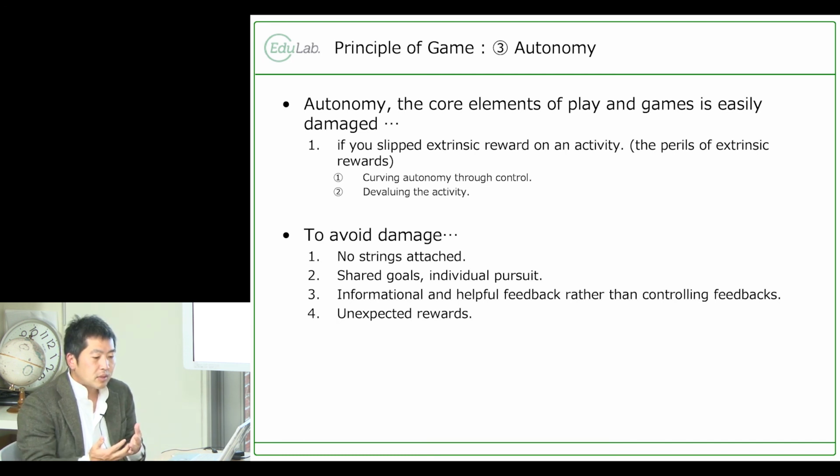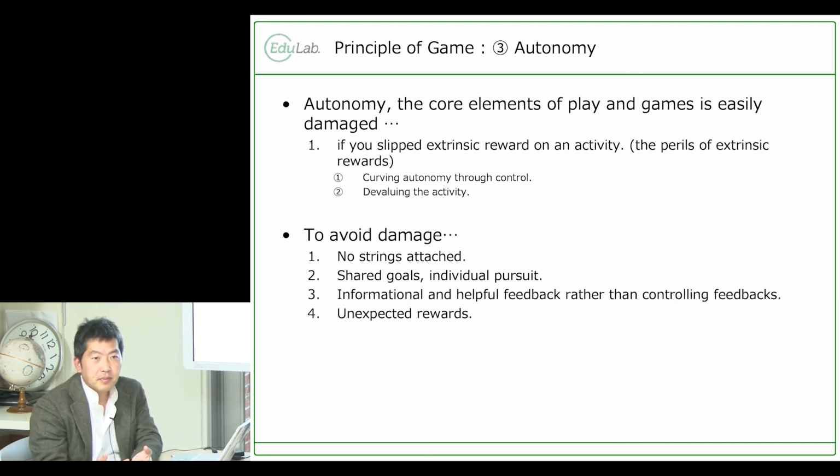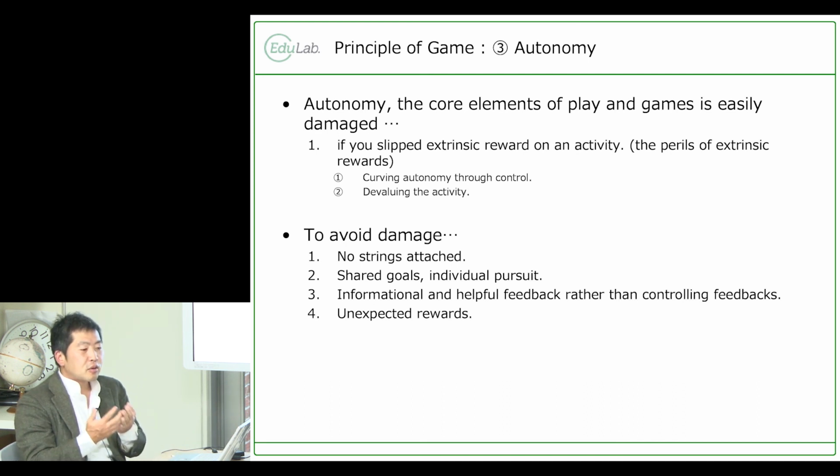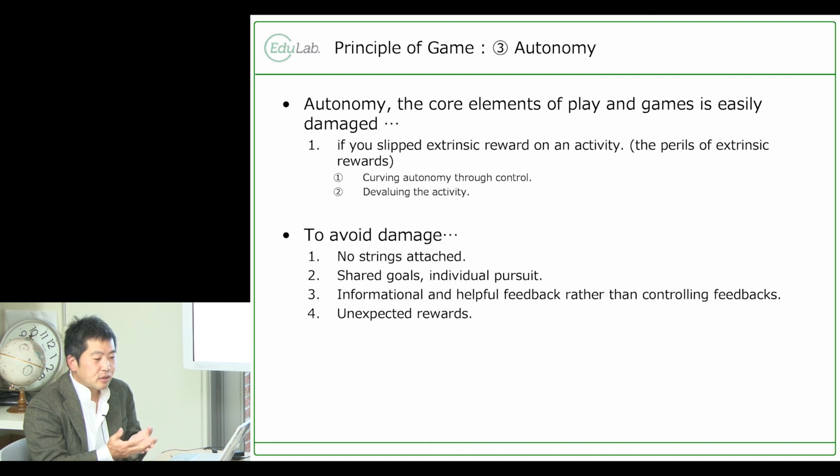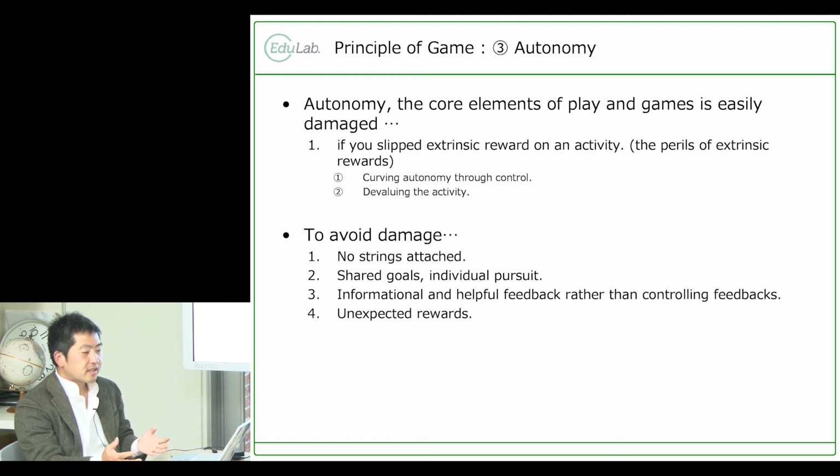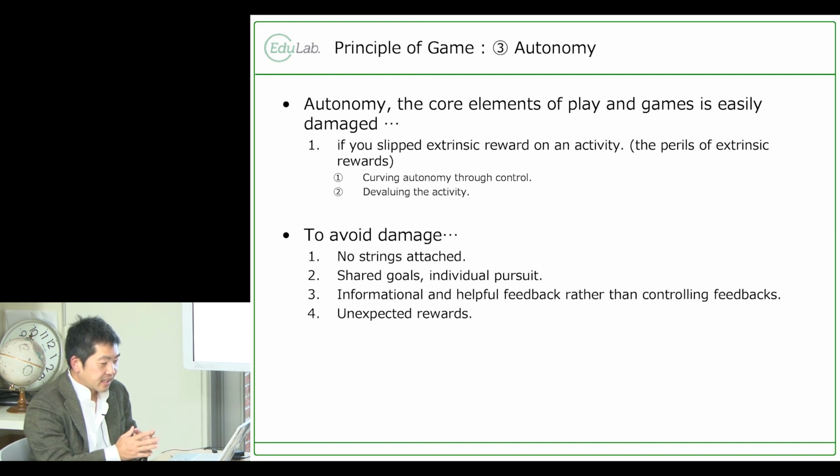Play comes from solving puzzles, so you don't want to give direct feedback. You want to guide your audience to better understand what the next move is.